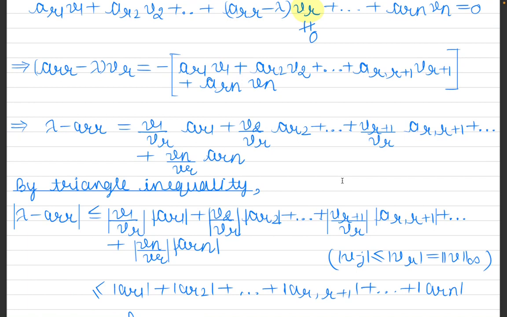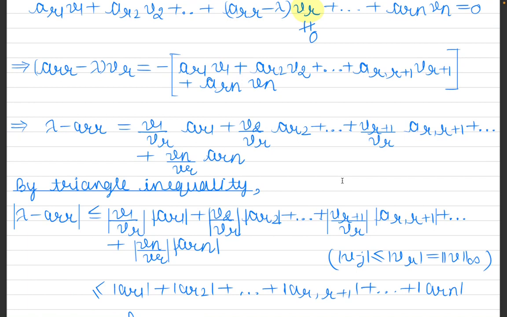The way we have chosen R. And this is this. But what is this? This is precisely rho R, right? This is precisely rho R.